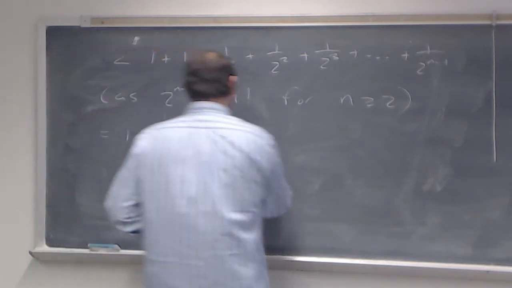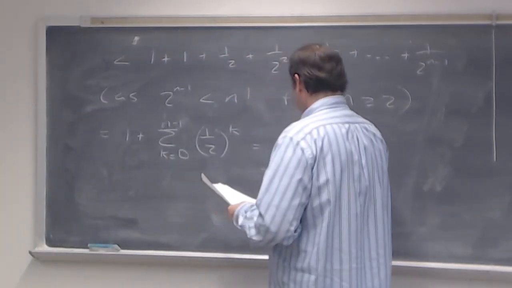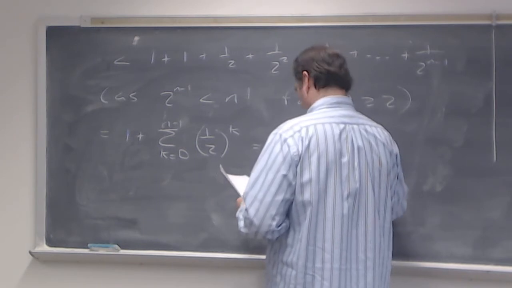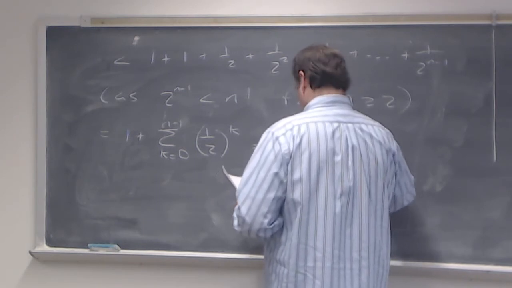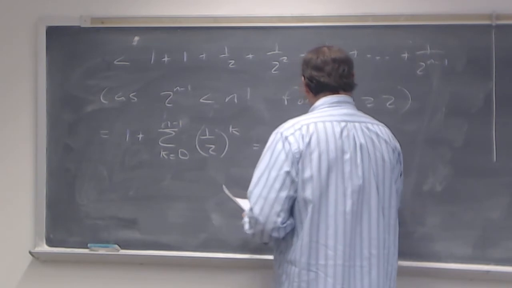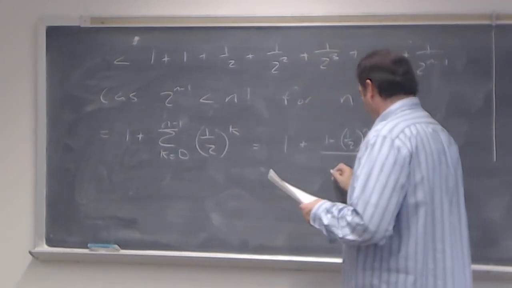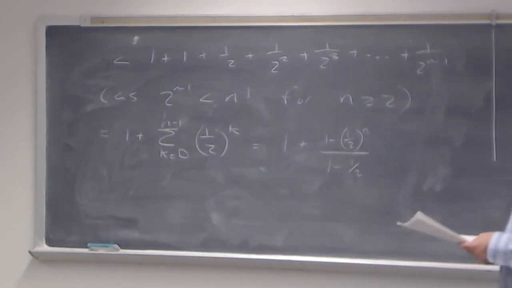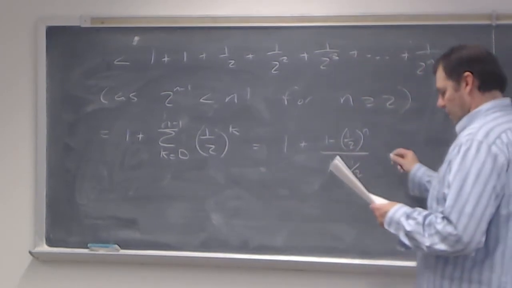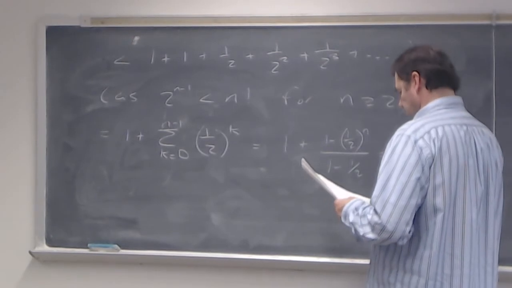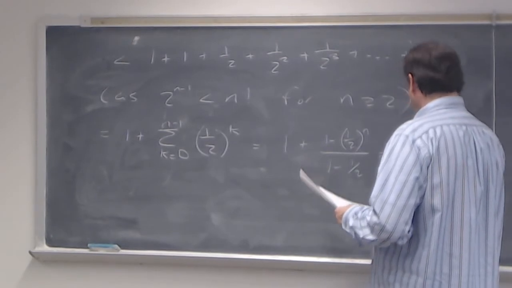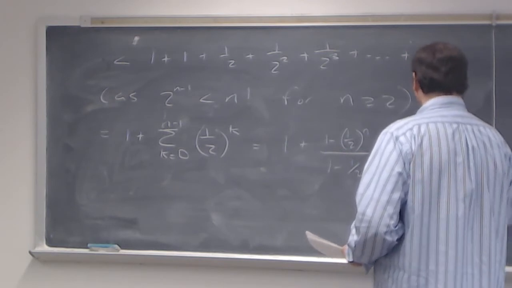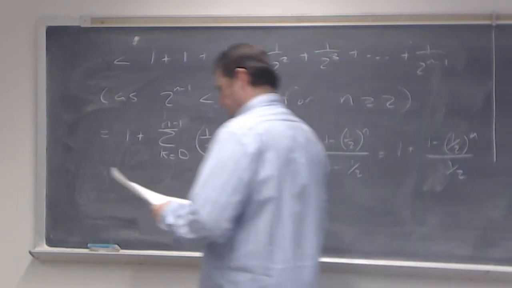This is a geometric series, a finite geometric series: 1 minus 1/2 raised to the n over 1 minus 1/2, that's what we get for that finite sum, which is going to be equal to 1 plus 1 minus 1/2 raised to the n over 1/2.